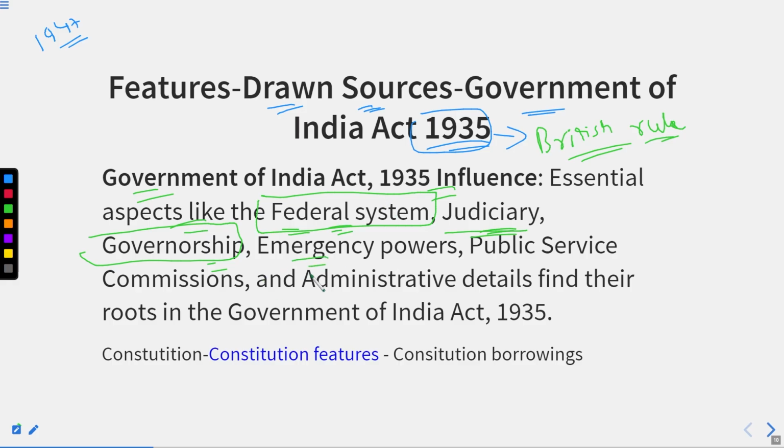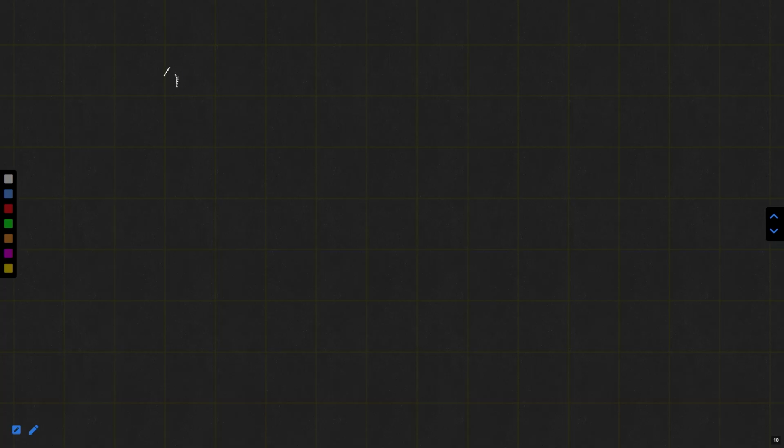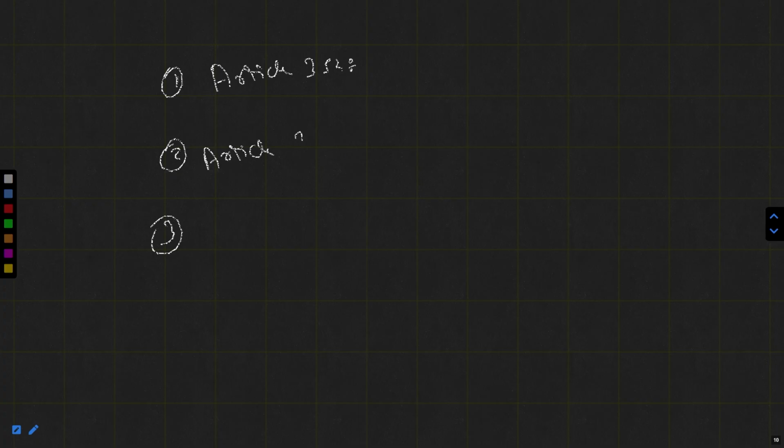Emergency powers. I had told you that we have three types of emergencies. Article 352, thereafter Article 356 and then Article 360.